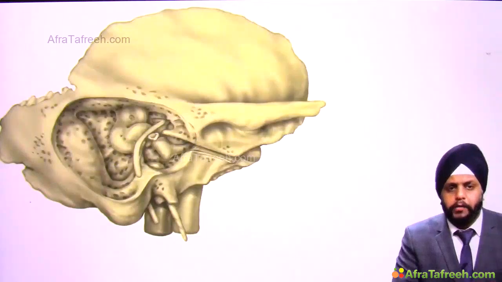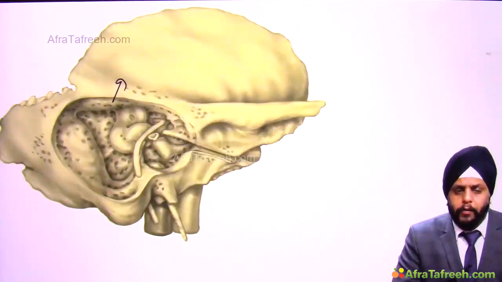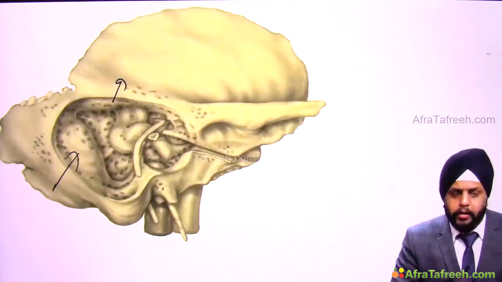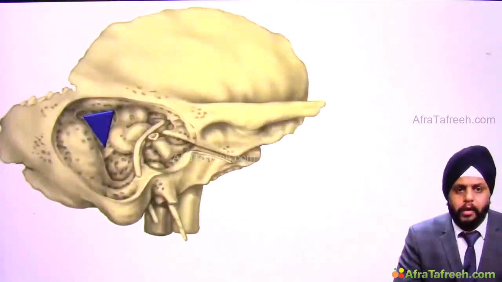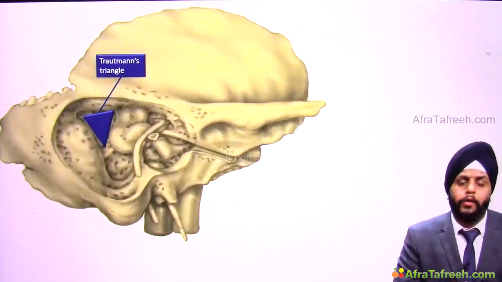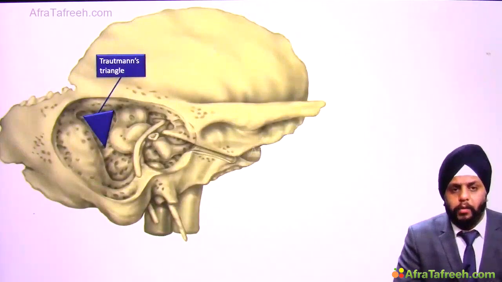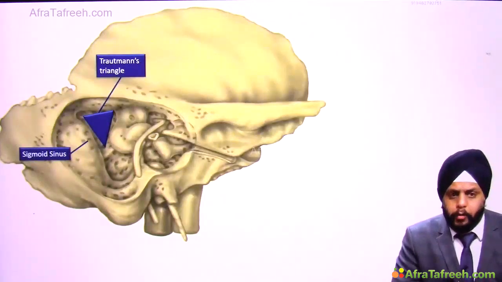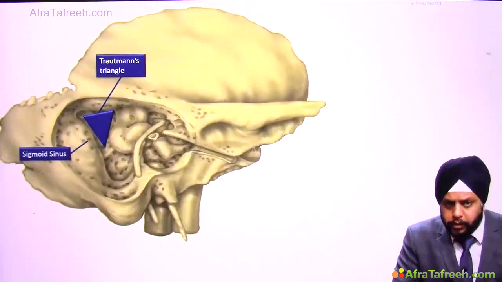Now we have discussed the superior wall of the mastoid and the posterior wall of the mastoid. Let's look at the medial wall. When you look at the medial wall, you can see a triangle. This triangle is known as Trotman's triangle. What are the boundaries of this triangle? Posterior boundary is the sigmoid sinus.